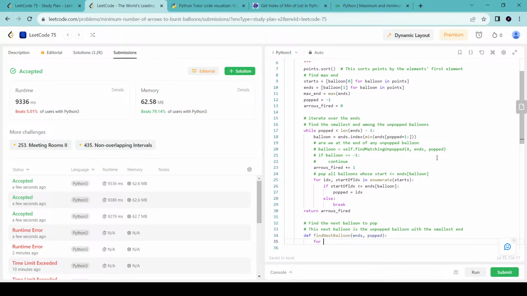Ends. So for i in range pop plus 1, basically up to the length of ends.